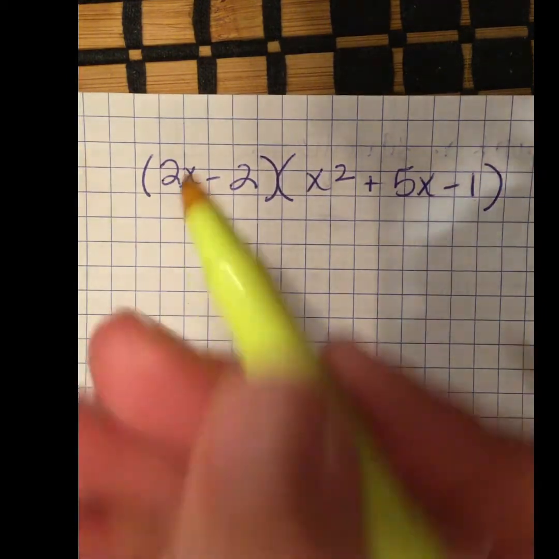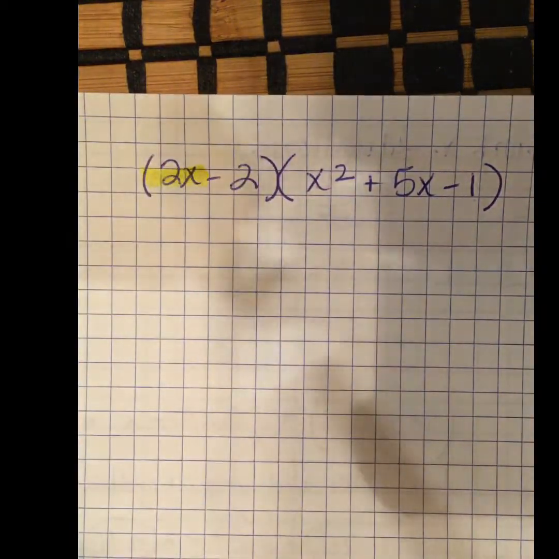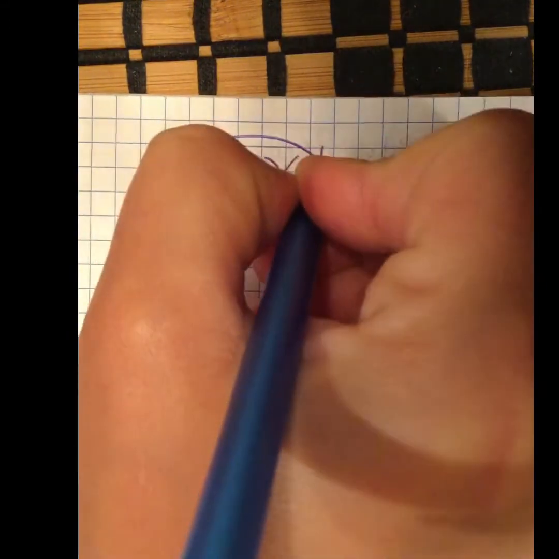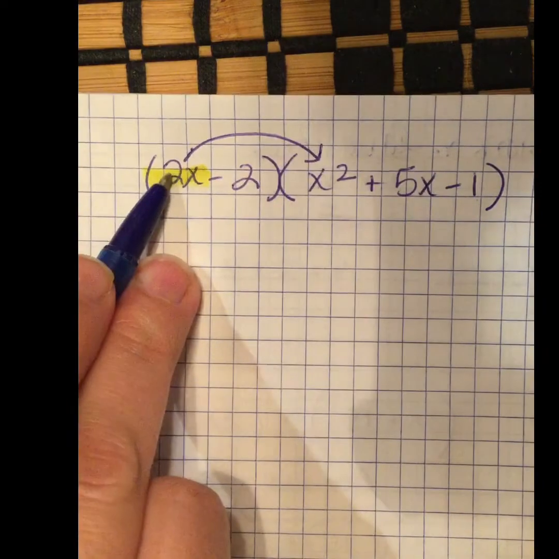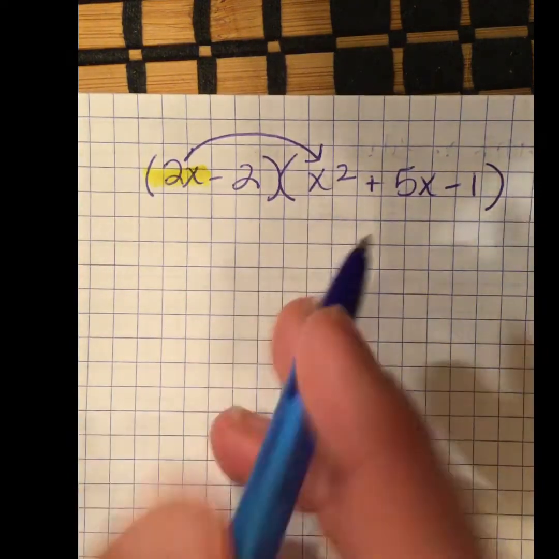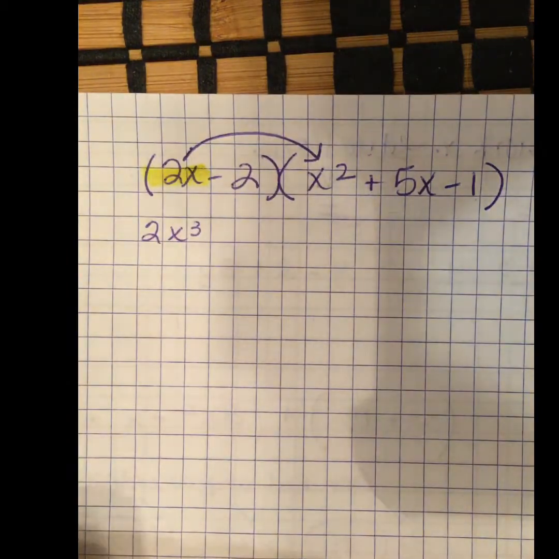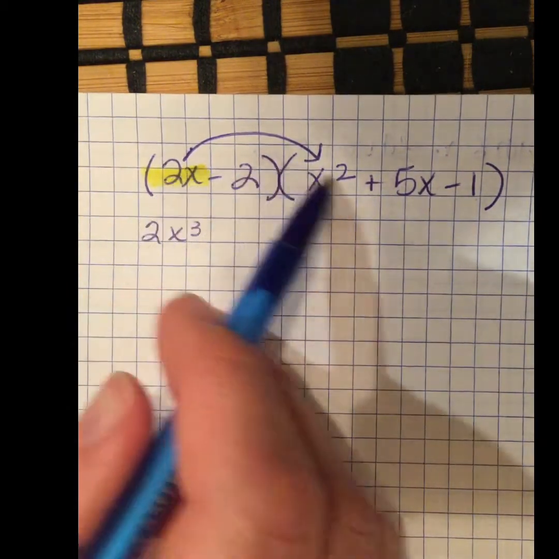So, okay, we're going to multiply the 2x in first. So that would be 2x cubed. And then we're going to do the 2x times 5x.